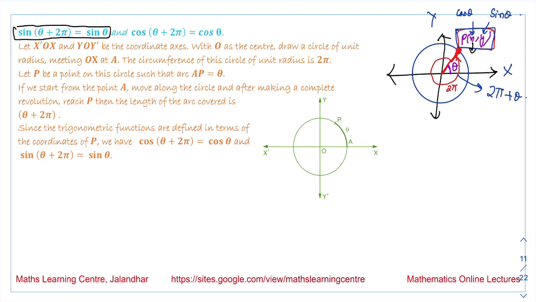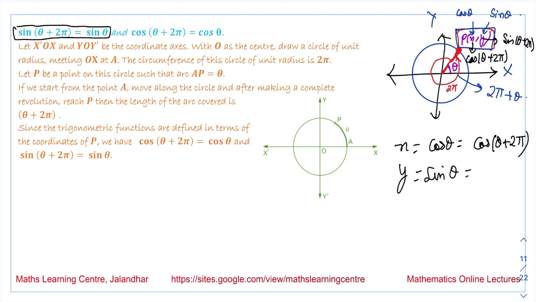Now corresponding to this x we have cos of theta plus 2 pi, and corresponding to this y we have sin of theta plus 2 pi. So x is equal to cos theta, which is equal to cos of theta plus 2 pi, and y is equal to sin theta, which is equal to sin of theta plus 2 pi.